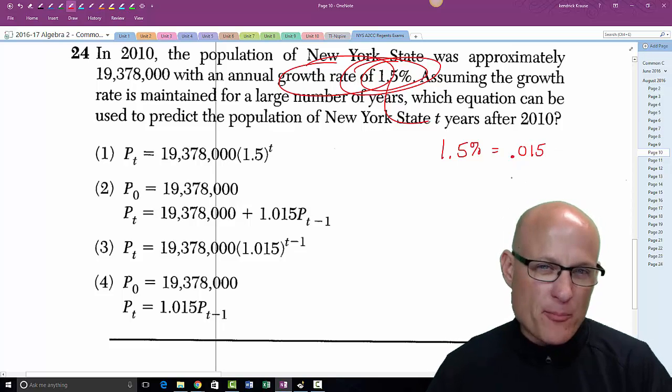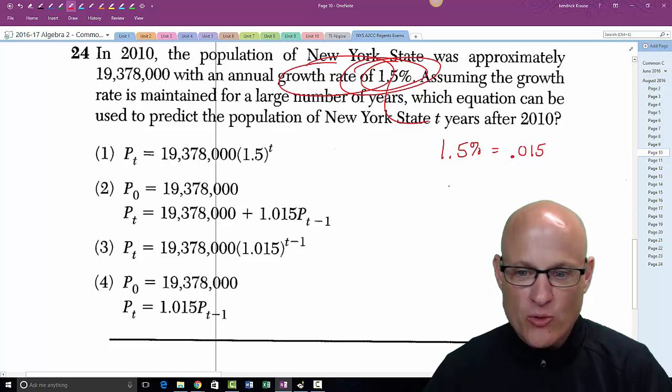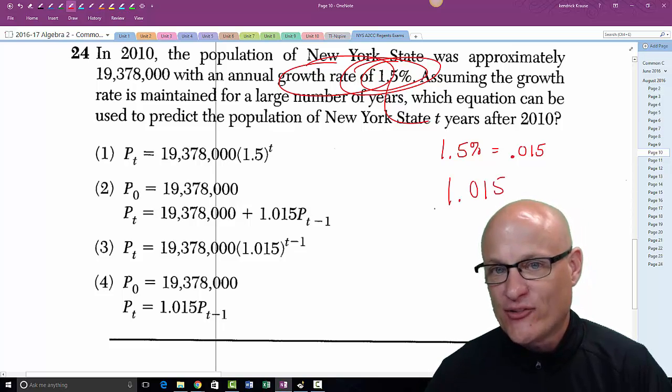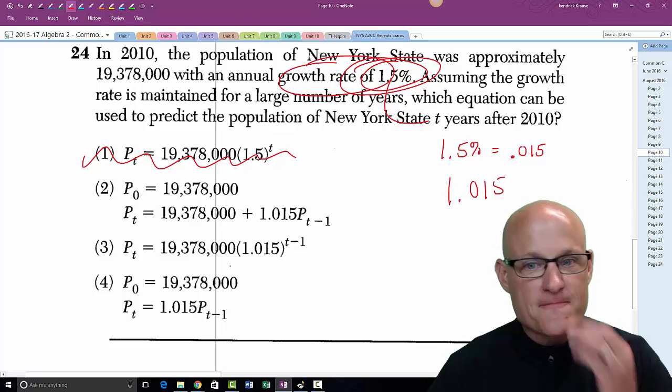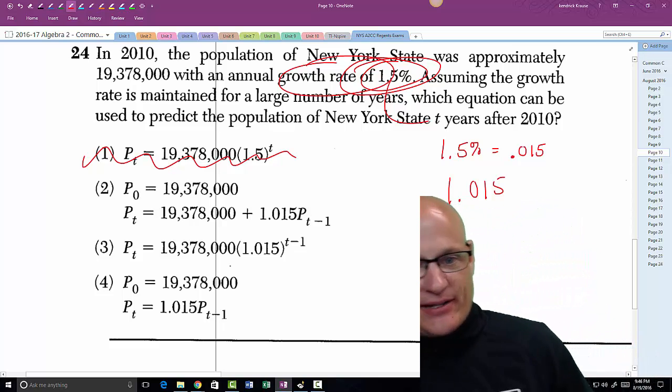So if I want 1.5% growth, not decay, but growth, then I need 1.015. So anything over here that doesn't have 1.015 has to go. Doesn't make any sense. This has 1.015, that has 1.015, and that has 1.015.